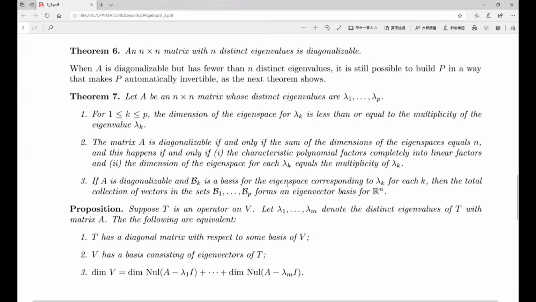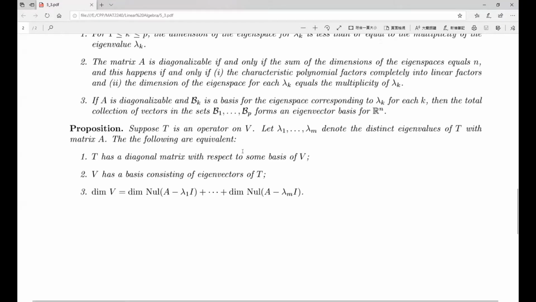Basically, if you find the bases for the eigenspaces of all the lambdas and put everything together, that becomes a basis for Rn, because A is an n by n matrix. So you put all the eigenvectors together, and that becomes a basis for the entire Rn.